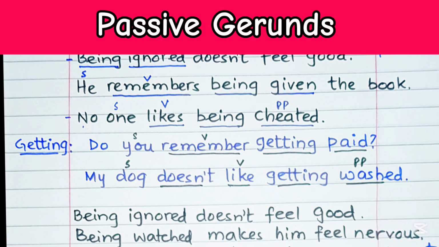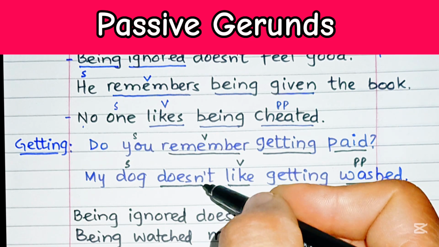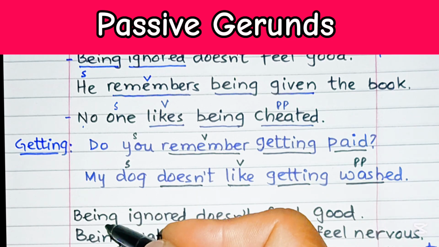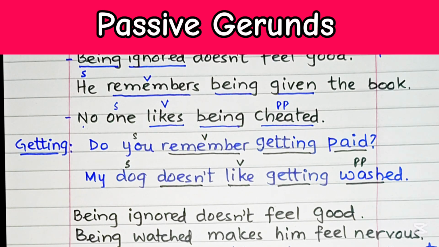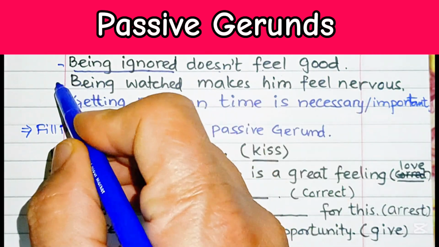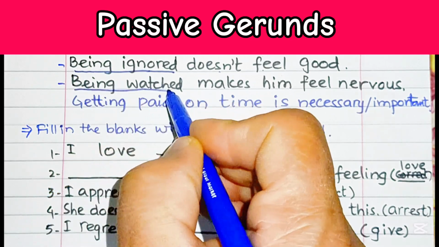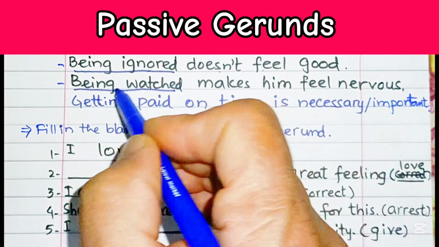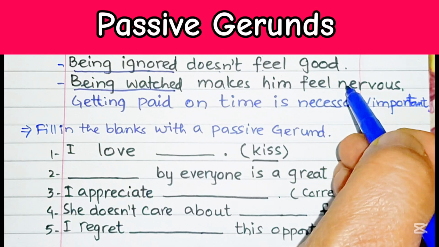So as I said, it's possible to put the passive gerunds at the beginning of the sentence. Look at these examples. Being ignored doesn't feel good. So this passive gerund is being used right at the beginning of the sentence. Being watched makes him feel nervous.